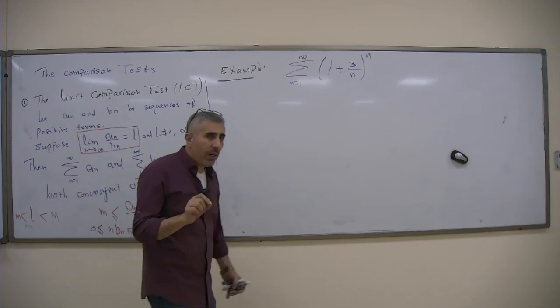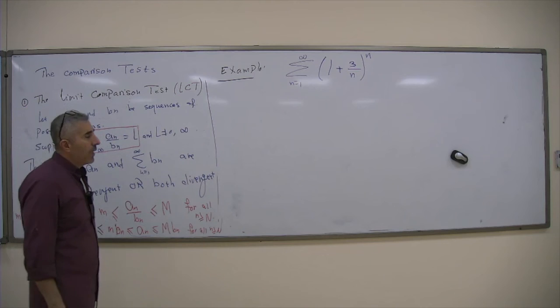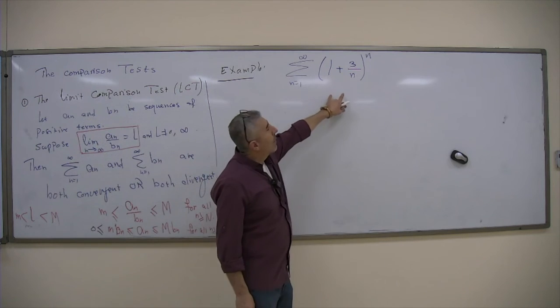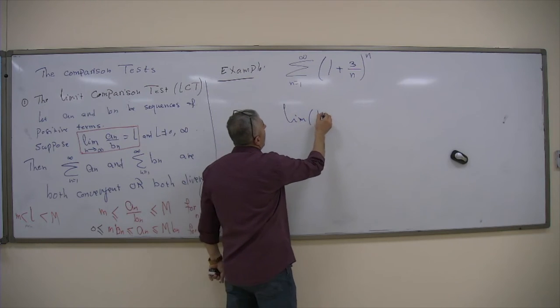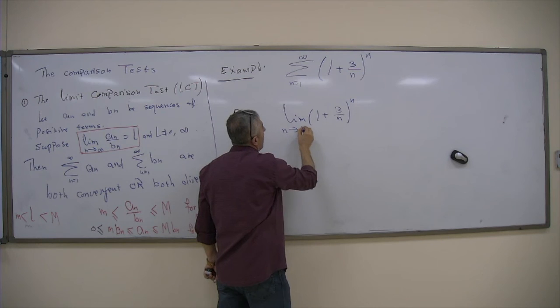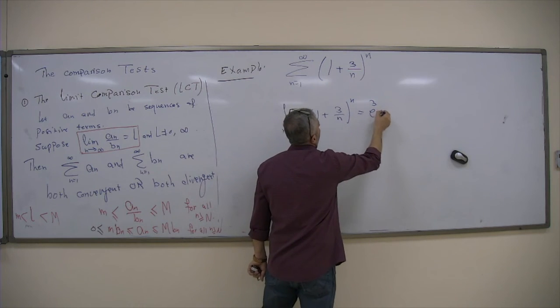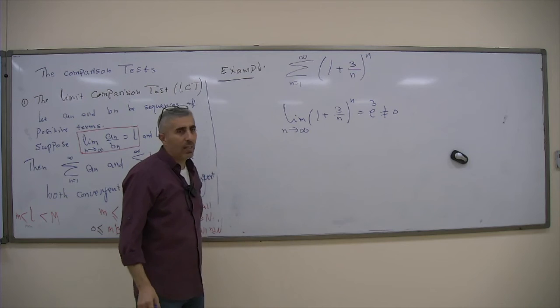Remember the divergence test that we had about 1 week ago. If you take this limit, (1 plus 3 over n) exponent n as n goes to infinity, what is this limit? This is e exponent 3, that is not 0. So by the divergence test, this series is divergent.